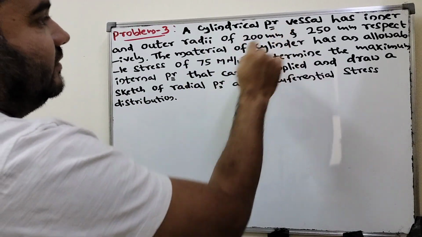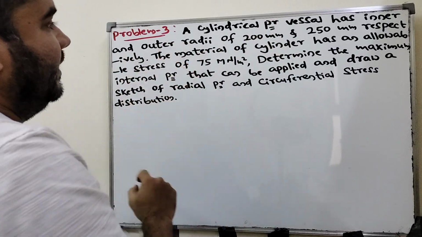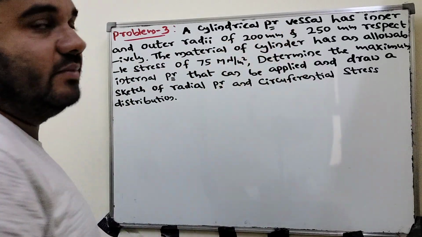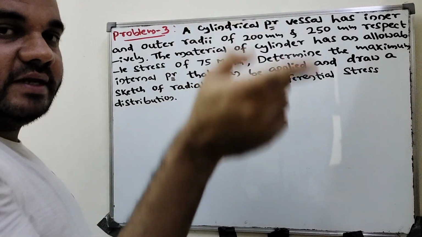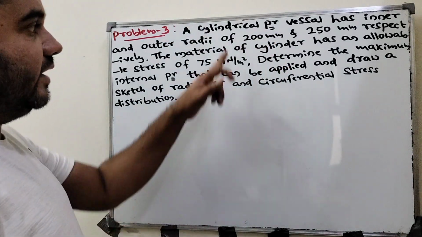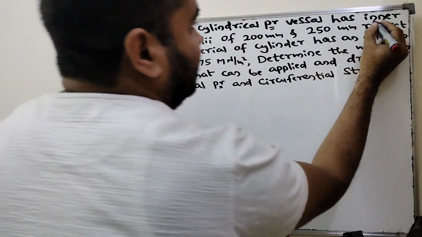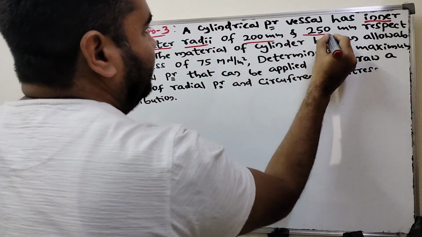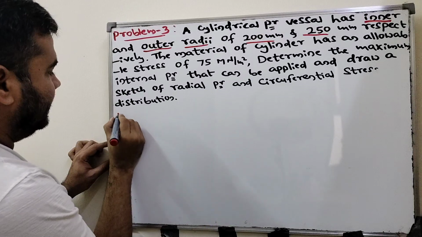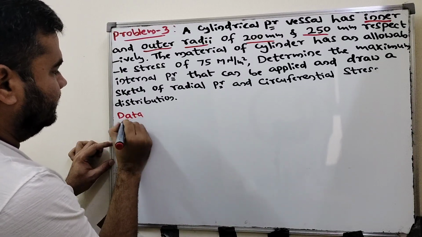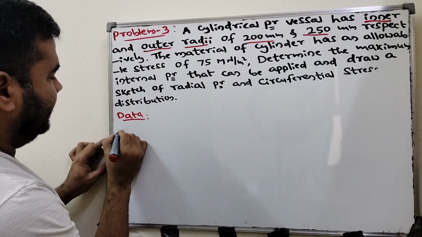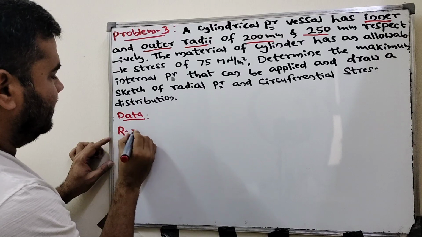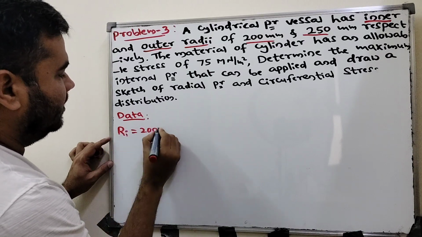A cylindrical pressure vessel has inner and outer radii of 200 mm and 250 mm. He is given the inner radius and the outer radius of the thick cylinder, 200 mm and 250 mm. So first we will write the data. Inner radius Ri equal to 200 mm.